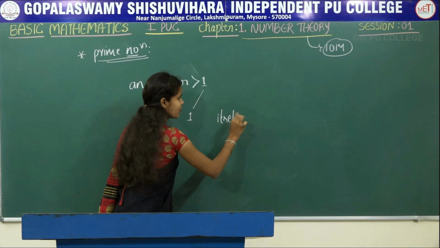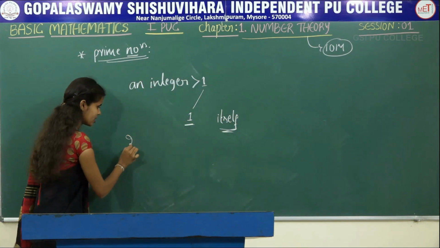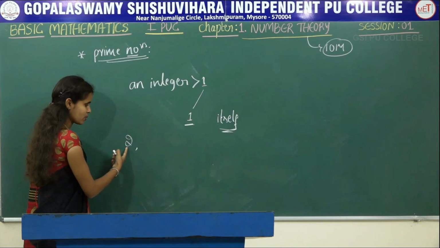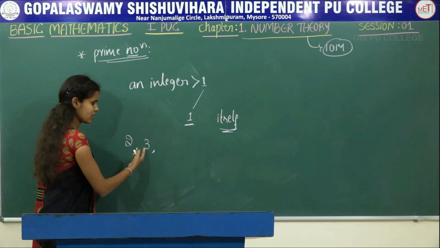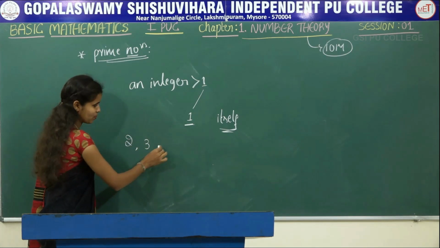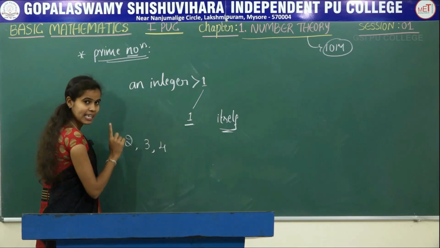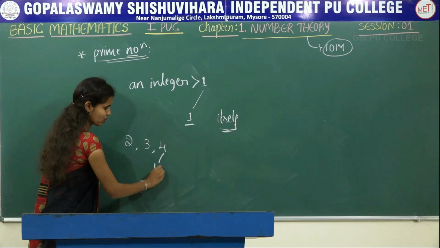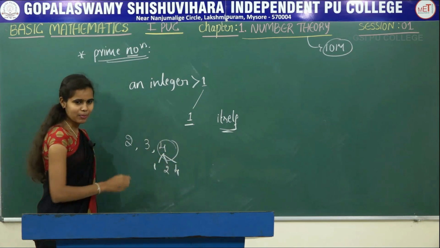For example, consider 2. It has only two divisors, 1 and 2. Next number 3 also has only two divisors, 1 and 3. Next 4. It has three divisors, 1, 2 and 4. Therefore, it is not a prime number.